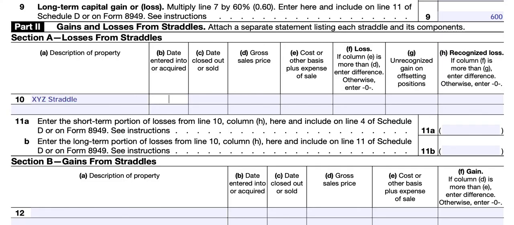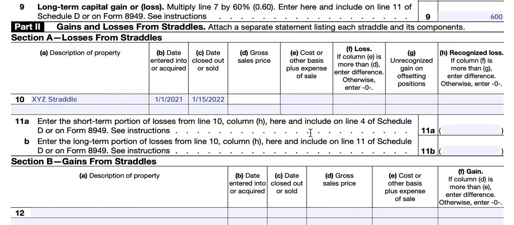You would include the date that you entered into or acquired it. So let's just say that we entered into this on January 1st, 2021, and then we closed it out for the 2022 tax year. This would represent, obviously, a long-term loss.